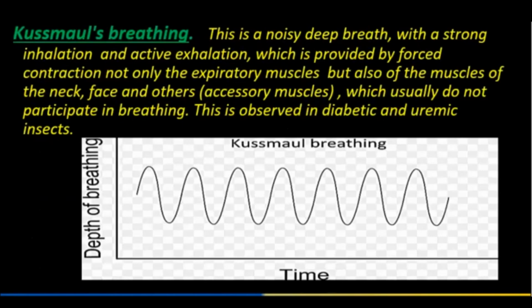This is strong inhalation and active exhalation, which is provided by forceful contraction not only of the expiratory muscles, but also of the muscles of the neck, face, and other accessory muscles, which usually do not participate in breathing.